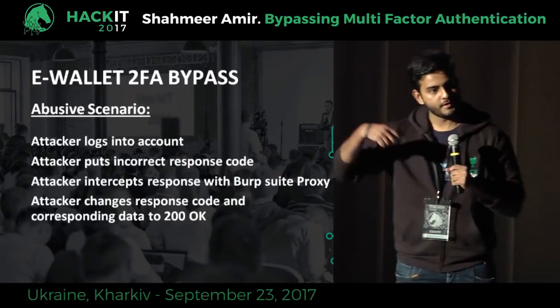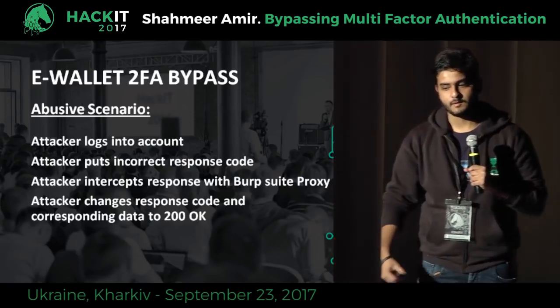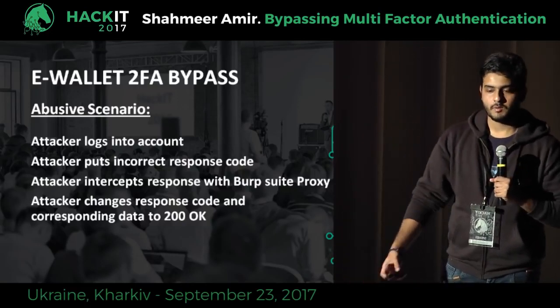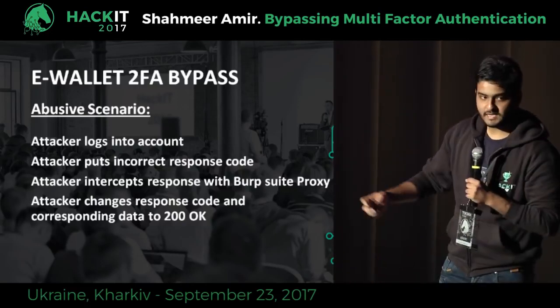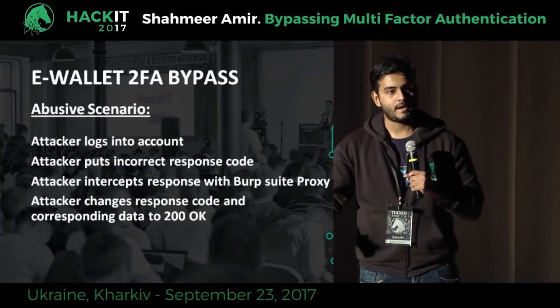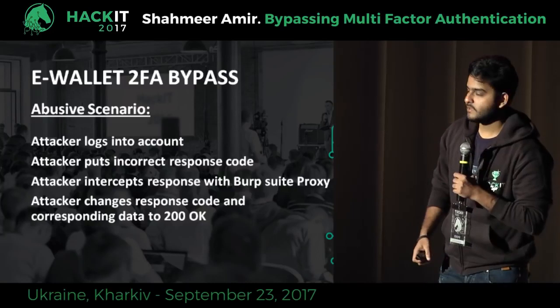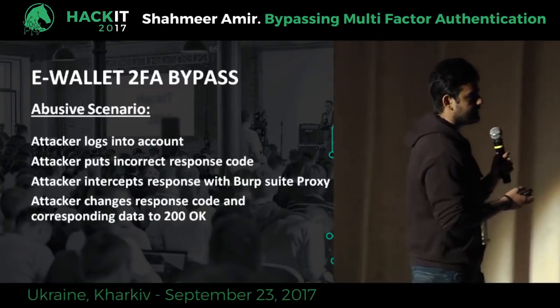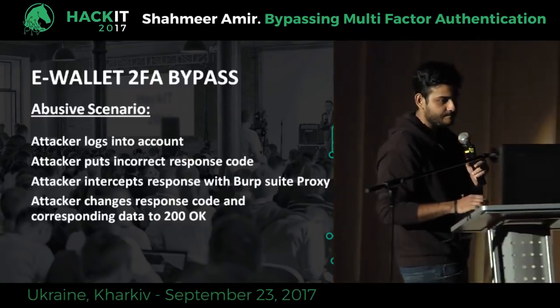Now, there was also a third form of authentication here that we bypassed. That was the initial login PIN. We bypassed that as well, using the same response manipulation mechanism that we utilized in the past, we bypassed 2FA in this as well. So this is how basically we bypassed 2FA in this e-wallet system that we had.